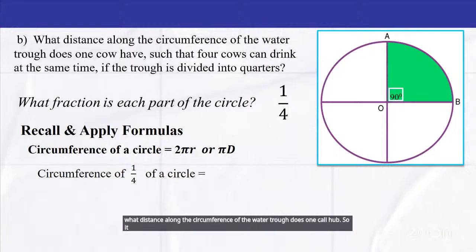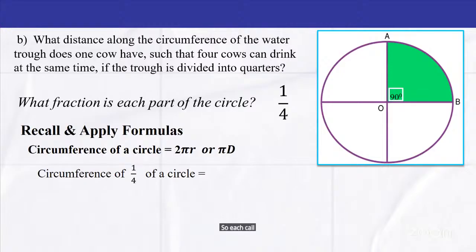It means we are only looking at one section, so each cow would have a quarter. If we are finding a quarter of the circumference, how would we apply that using the formula?